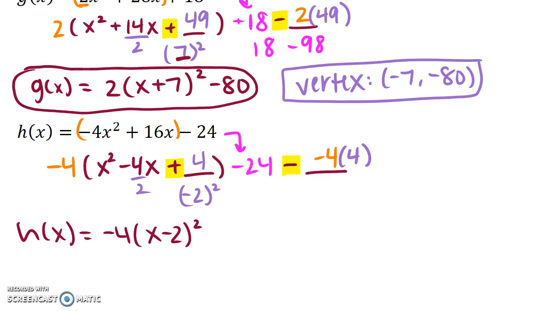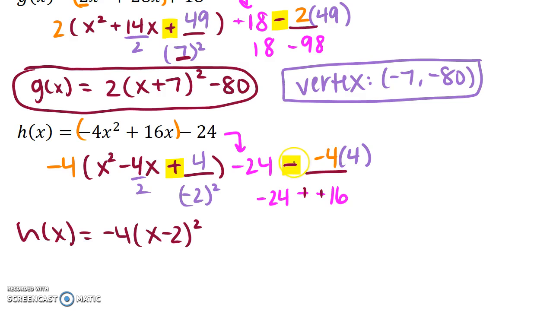And then just like last time, we're going to have to combine these two. So we have minus 24, or negative 24. And then we're going to be subtracting negative 16. When you subtract a negative, that's the same thing as adding. So this is where it might seem like it's a little different, but the process is still the same.